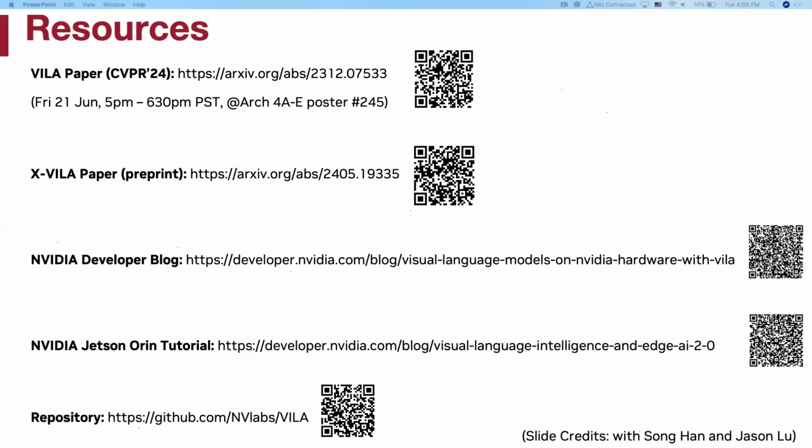The XVILA paper is still a preprint; we just released it a month ago. The code QR code is here. At NVIDIA, we have two official blogs from the time of GTC, when we launched this interactive demo. Feel free to understand the big picture using the upper technical blog, and go through the tutorial with the detailed how-to on the left.